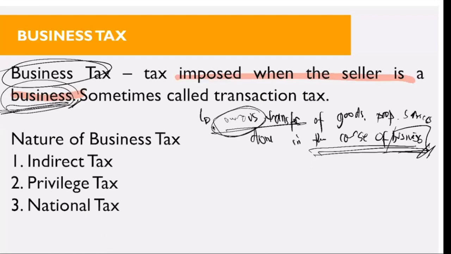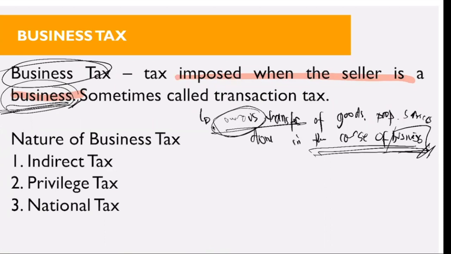Okay? So that is an isolated transaction. But if you are a real estate business and you keep on selling real property as an ordinary course of your business, that will not be subject to CGT already, but subject to business tax because it is now done in the course of business.